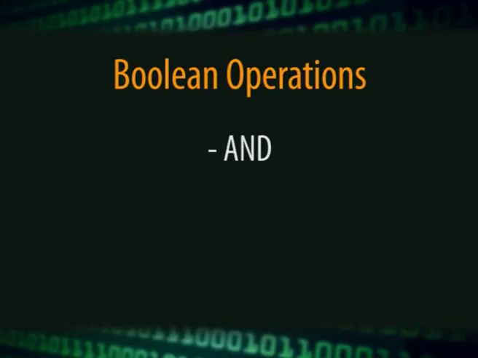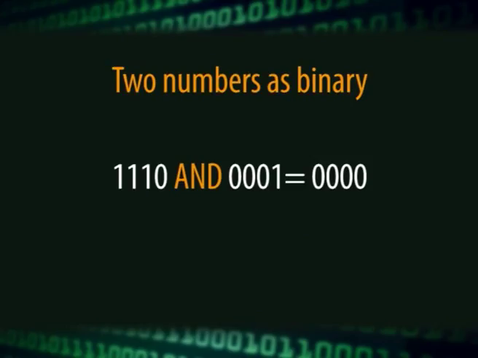The results are also stored in internal registers. The Boolean operations like AND or NOT come under logical operations. For example, if AND operation is applied between two numbers expressed as binary 1110 and 0001, the result of the bit by bit AND operation is 0000.